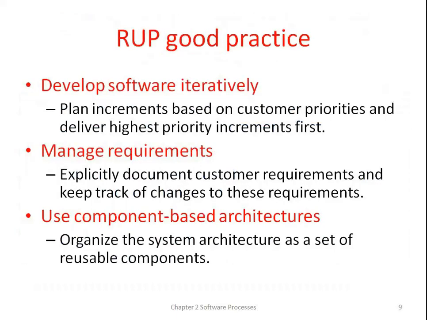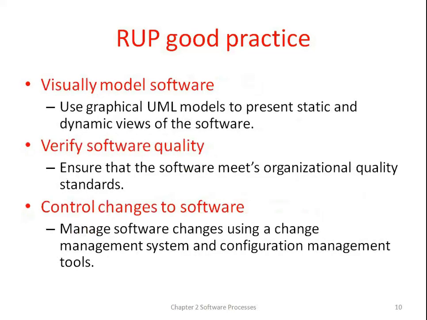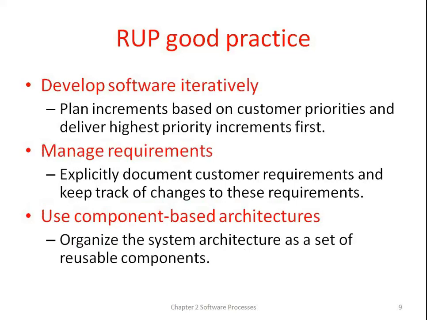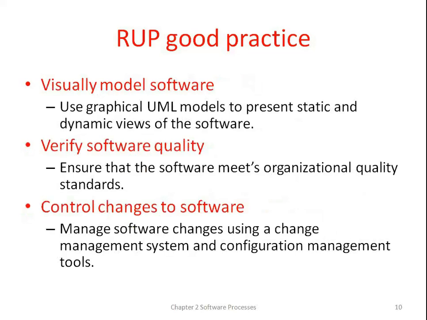Next, the Rational Unified Process is a good practice. Why is it a good practice? There are six reasons: develop software iteratively, manage the requirements, use component-based architecture, visually model the software, verify the software quality, and control changes to software.